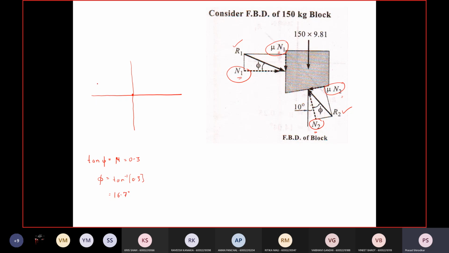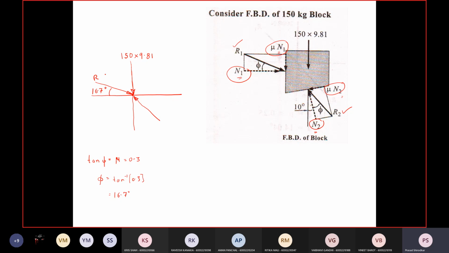Okay. So I will just mark these 3 forces. First force will be R1. From here I will get the angle, it makes an angle of phi, so I am just going to directly mark the angle here, 16.7 degrees. Then the self weight, that is equal to 150 into 9.81, and R2, parallel to this force.